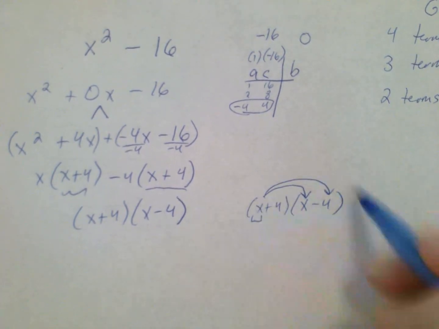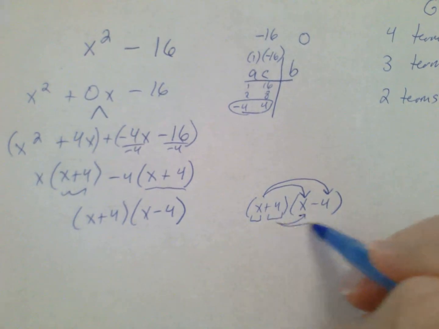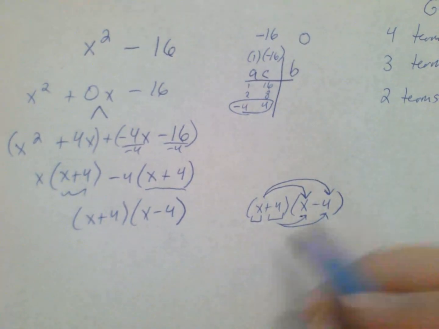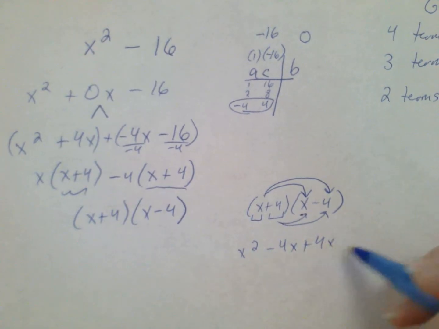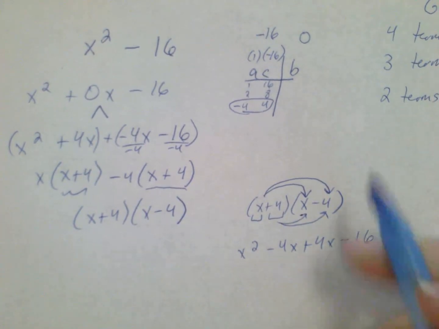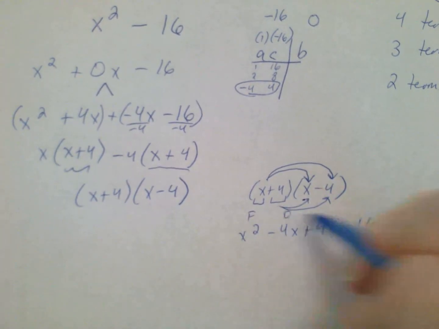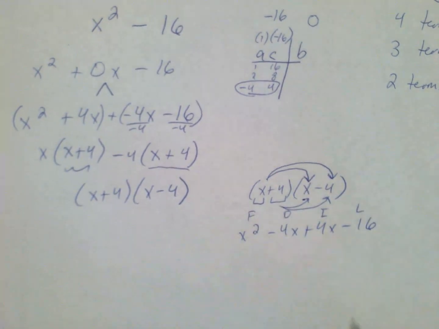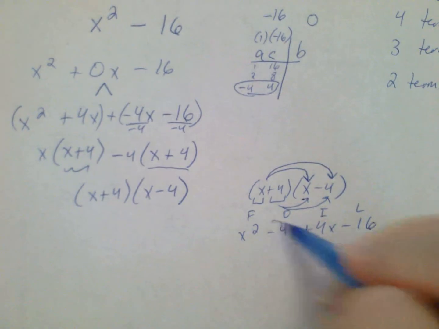So that's like the first and outside, and then we'll do the 4 times both, the inside and the last terms. So that's x squared minus 4x plus 4x and negative 16. So if this is our first, outer, inner, last, or just think of it as distributing, the O and the I, they're going to disappear.